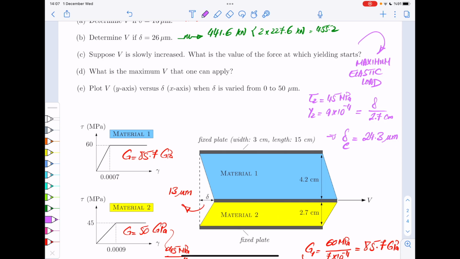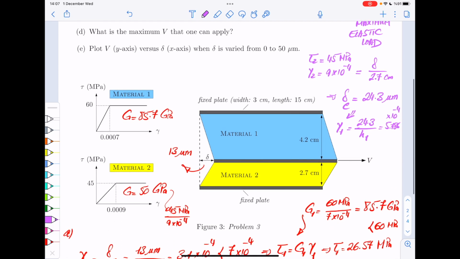Okay, so from this one, you can calculate gamma 1, which is now this delta E divided by H1. And that gives you 5.786 times 10 to minus 4. All right?